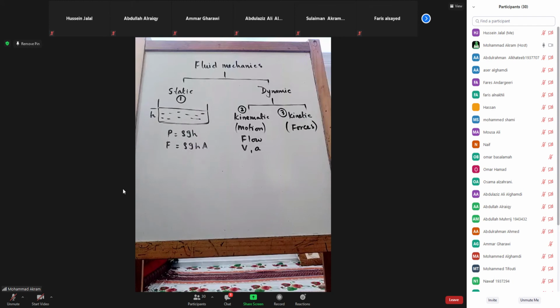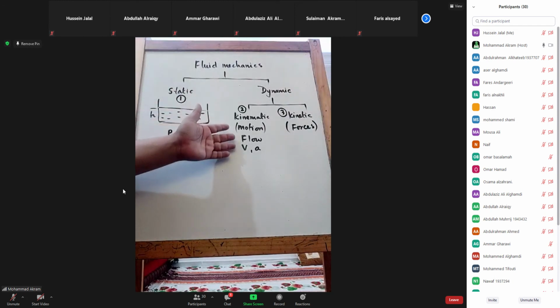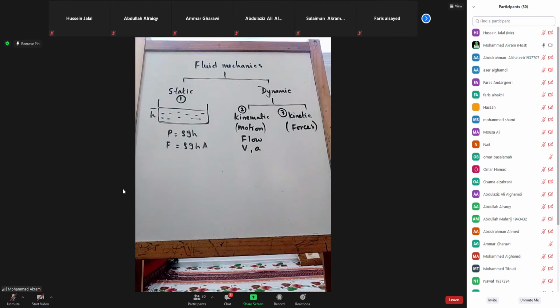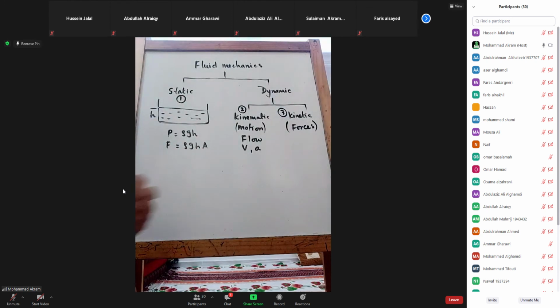So we'll study the continuity equation in kinematics. Then we have Bernoulli's equation, Euler's equation or energy equation, and momentum equations. Those we will study in the kinetics chapter. That will be our third chapter.